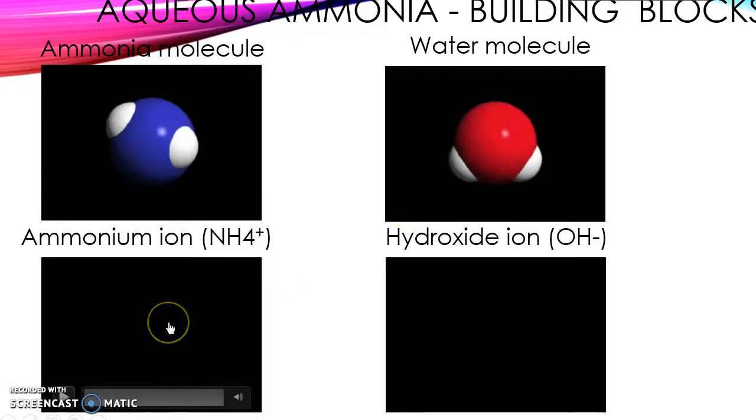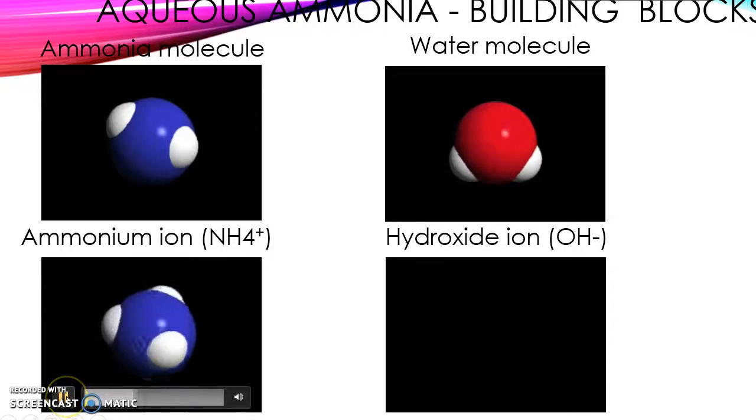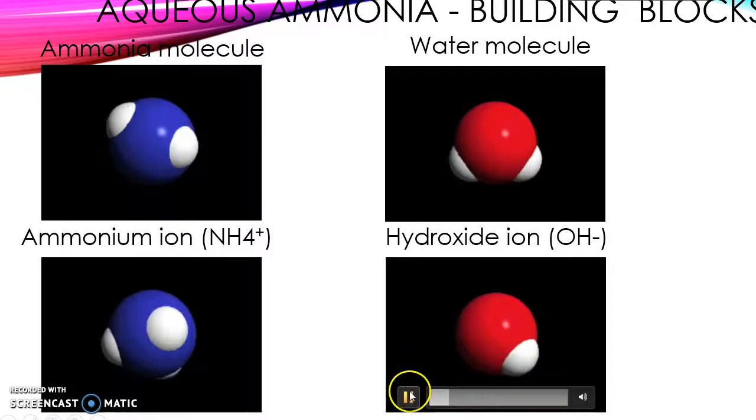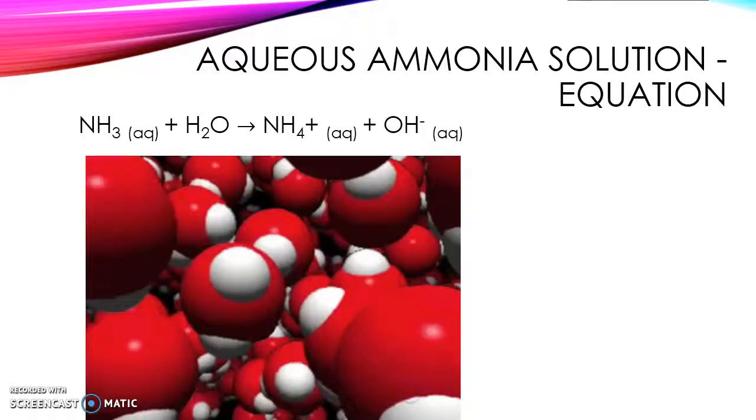But due to the fact there's two reactions going on, there's a relatively small number of ammonium ions, which you can see there from the diagram and the animation, and also a small number of hydroxide ions, which you should be familiar with from your work with pH in previous years.